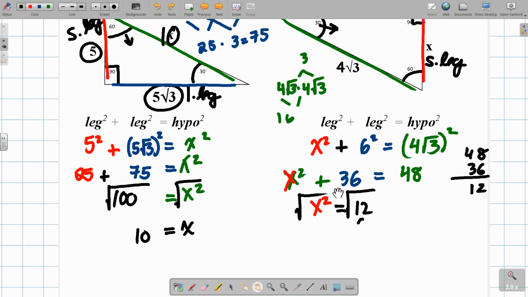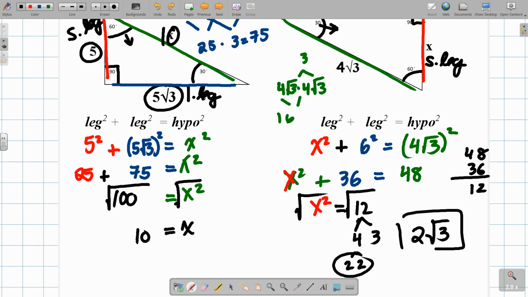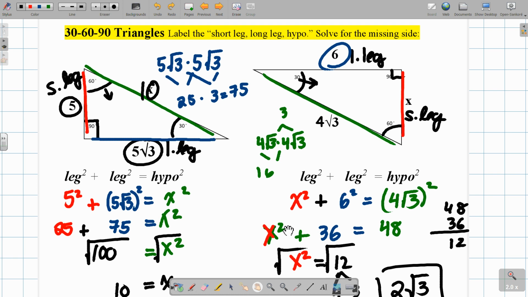Let's factor. Four times 3, 2 and 2. The 2's come out. X is 2 root 3. So our short leg this time is 2 root 3.